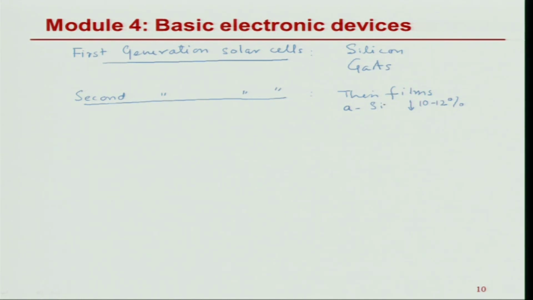Amorphous silicon is one material, or it can be hydrogenated also. Other thin films were also there: cadmium telluride, CIGS, copper indium gallium selenide.